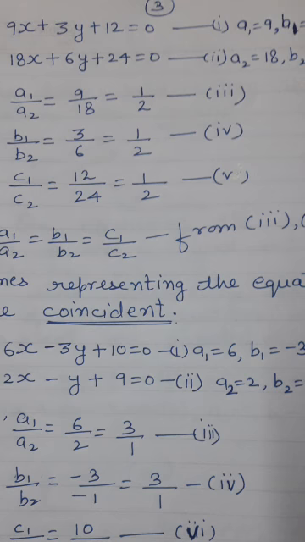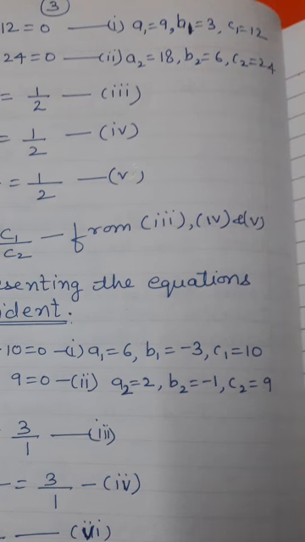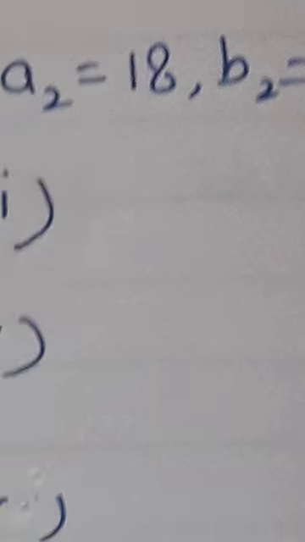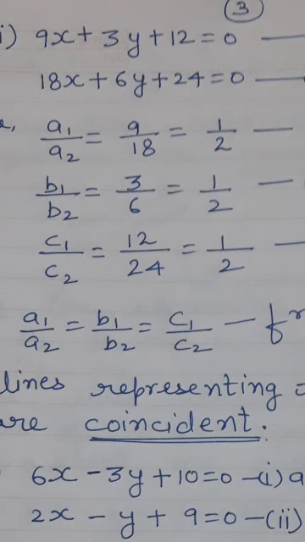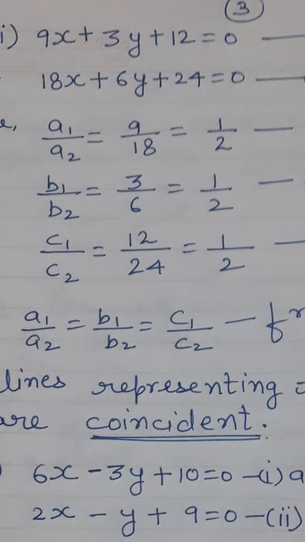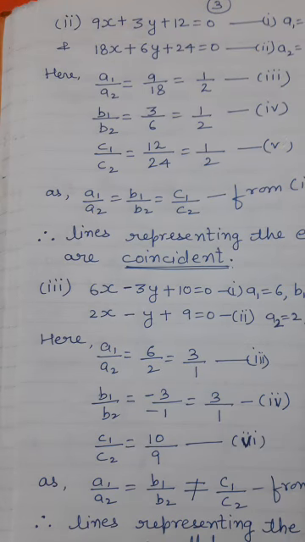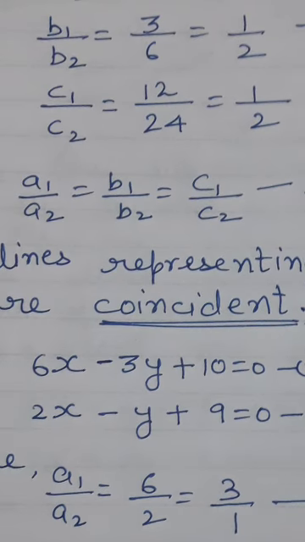Now, after this, c1 by c2. Their value is 12 by 24. And again, in simplest form, using table of 12, you can cancel them out. 12 ones are 12, 12 twos are 24. So, c1 by c2 is 1 by 2. Now, see here, all the three ratios are same. From third, fourth and fifth, you can say that a1 by a2 is equal to b1 by b2 is equal to c1 by c2.